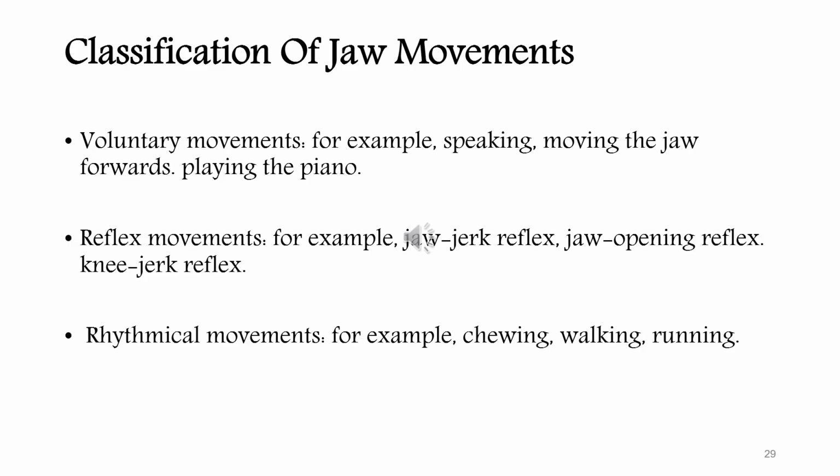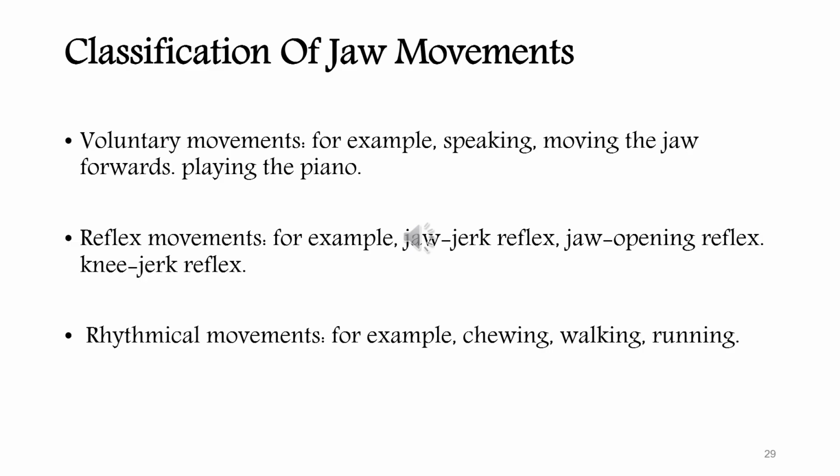The last movement the jaw will do is the rhythmic movement, which means you are doing it, but you don't think how you are doing it step by step. It's like you are programmed to do it. But if you want to stop it, you can stop it. That's why we call it rhythmic movement, like chewing. It's the same when you run or when you walk.